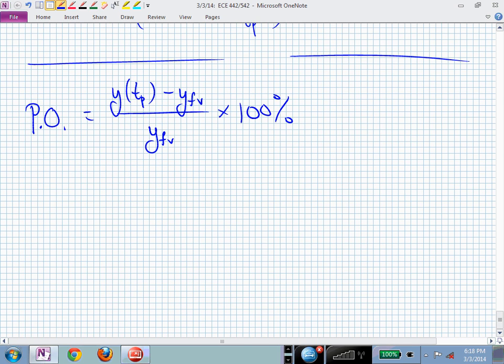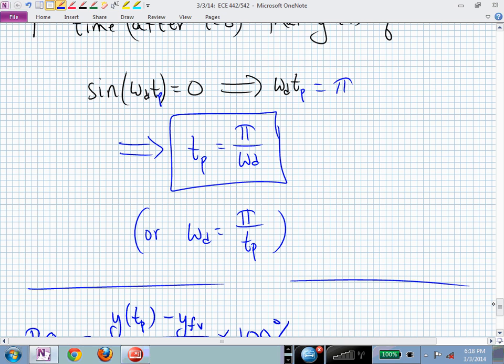Now, that's how, if you were given this time response, you could physically compute your percent overshoot. Your measured percent overshoot you could calculate. Or if somebody gave you the equation for y of t, we now know what the peak time is. The peak time we just computed to be pi over omega sub d.